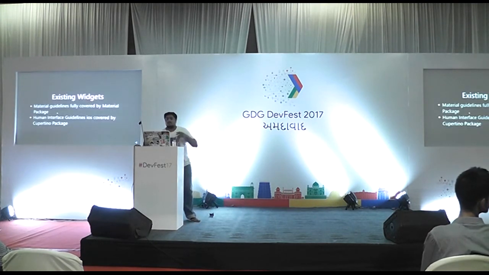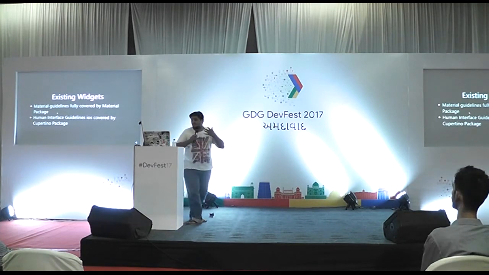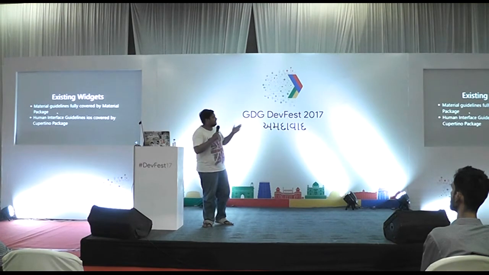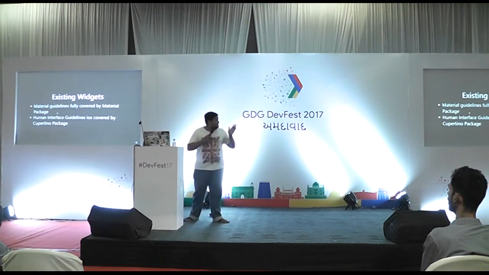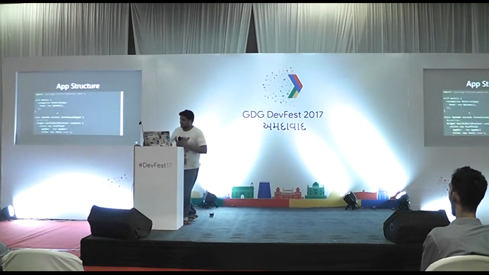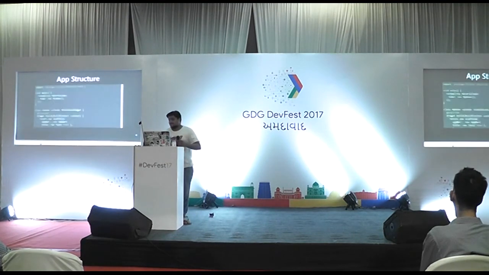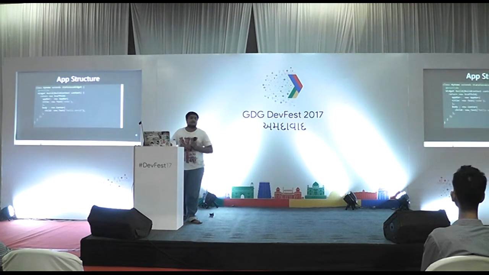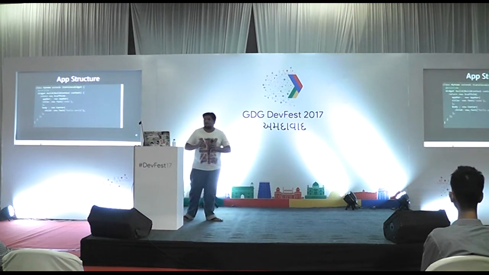As I told you, all of the Material guidelines are fully covered by the Material package and the Human Interface guidelines by the Cupertino package. So this is a hello world app.